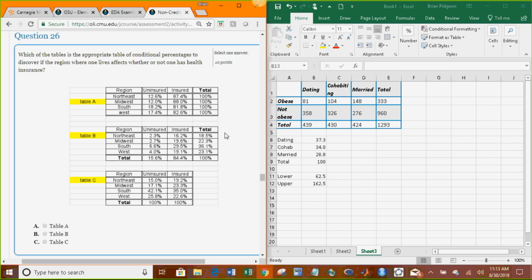Okay. So we just want to know affects whether or not one has health insurance. Well, these two, kind of, to be honest with you, are kind of, no, they're not the same, I just saw. 100% are uninsured. I would say table B.